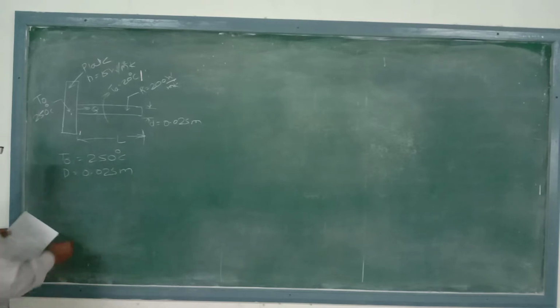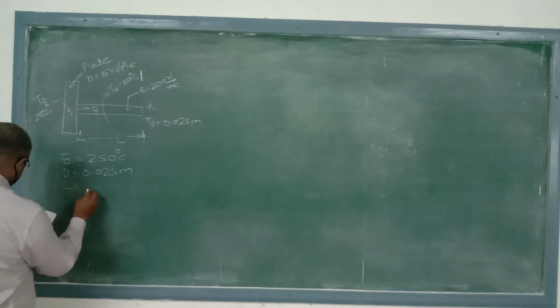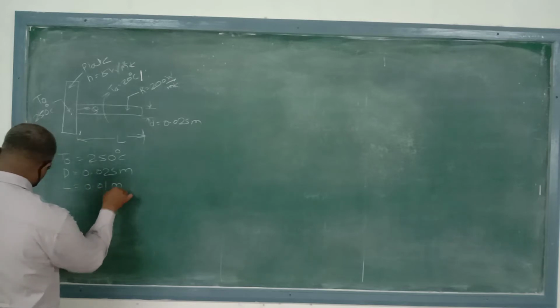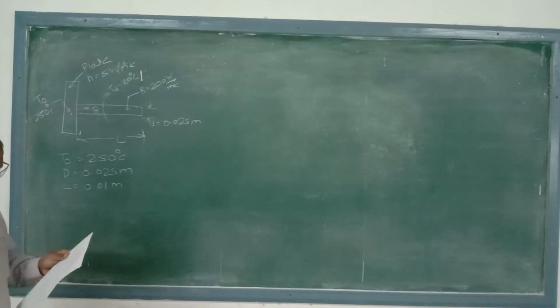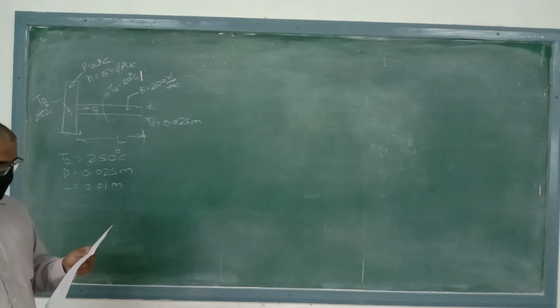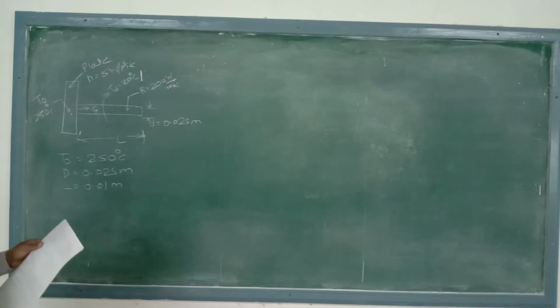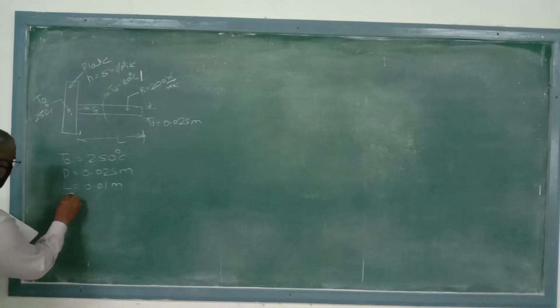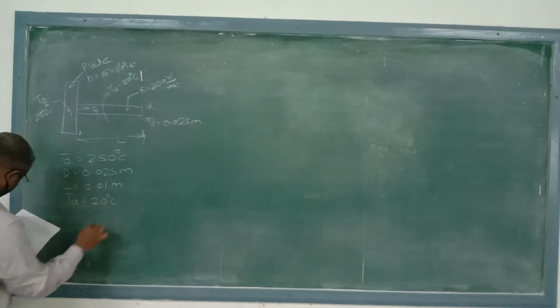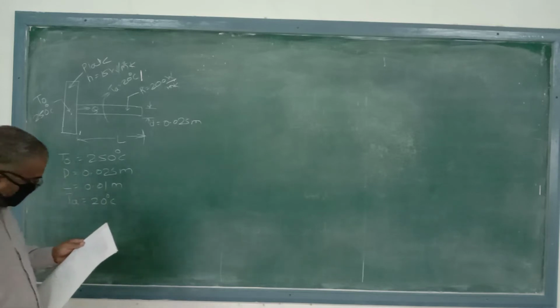So they have mentioned length also. So we are converting it into meter. Next, rod is exposed to the atmosphere. Atmospheric temperature they have mentioned T_a is equal to 20 degrees Celsius.